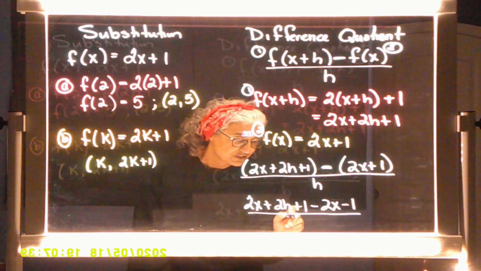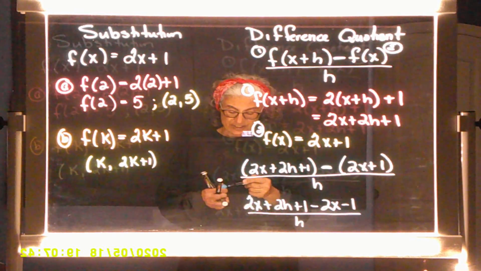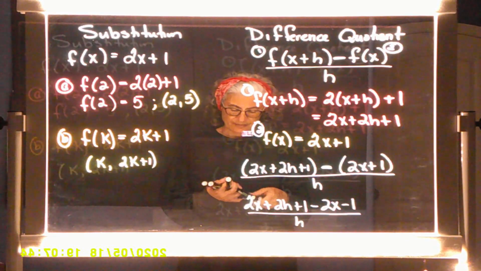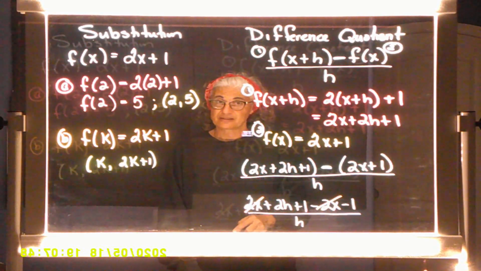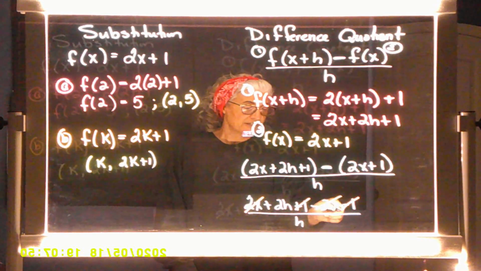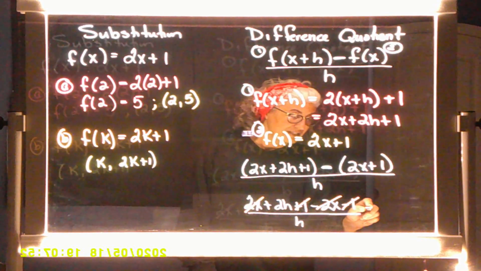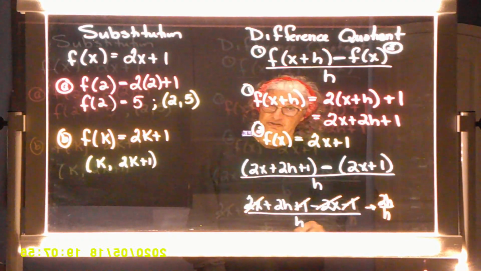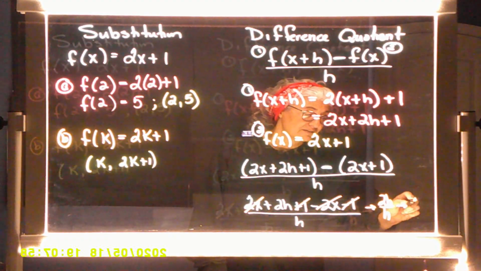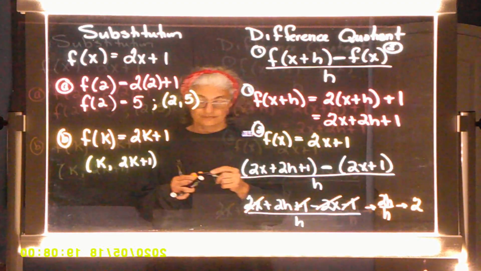All over h. Okay, you see what's going to happen? I'm noticing a positive 2x and a minus 2x. I'm noticing a positive 1 and a minus 1, which is leaving me 2h divided by h, which is just 2. Cool?